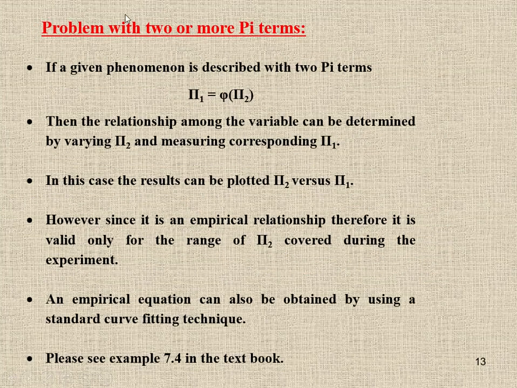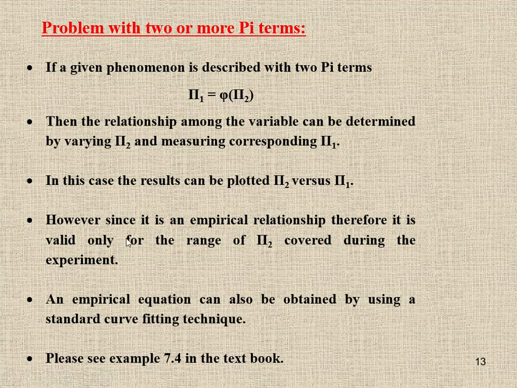So the problem with two or more pi terms: when you have two pi terms, if a given phenomenon is described with two pi terms, then the relationship amongst the variables can be determined by varying pi 2 and measuring the corresponding pi 1. So between pi 1 and pi 2 we can draw an experimental curve, and the result can be plotted as pi 2 versus pi 1.